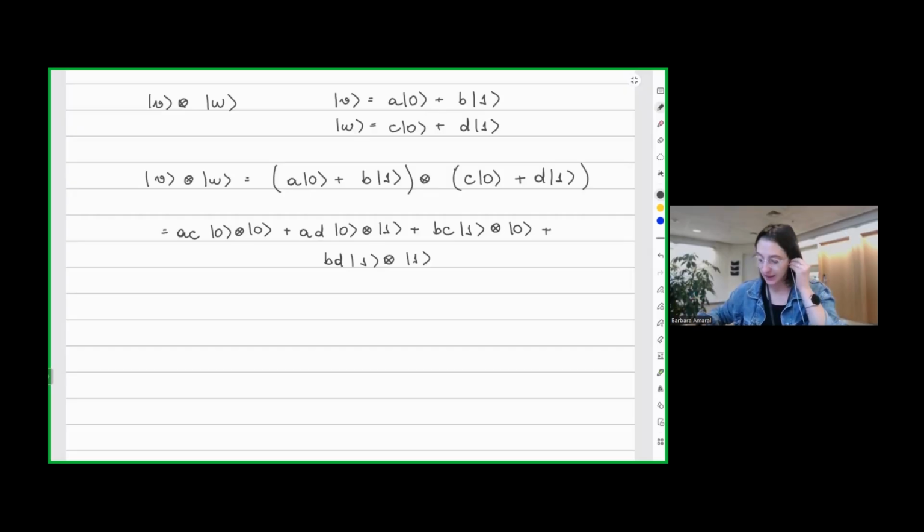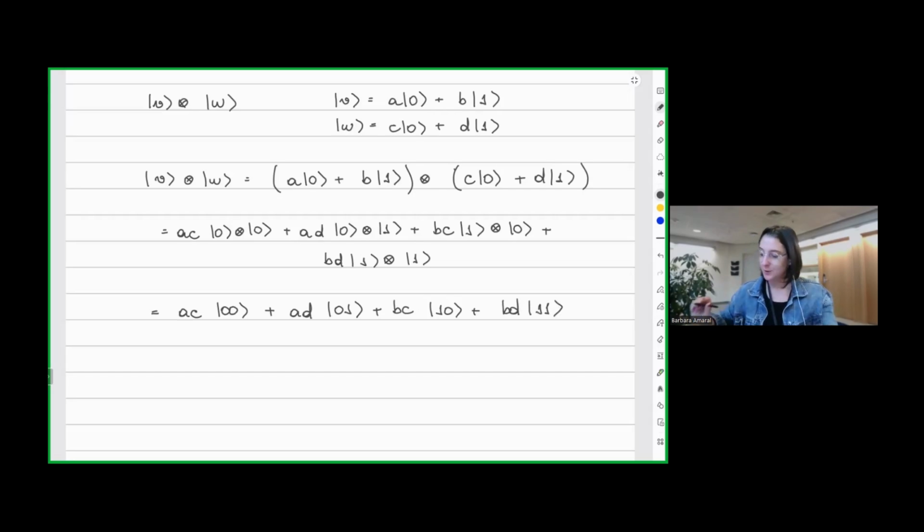So just to make the notation a bit easier, we write ac 00 plus ad 01 plus bc 10 plus bd 11.